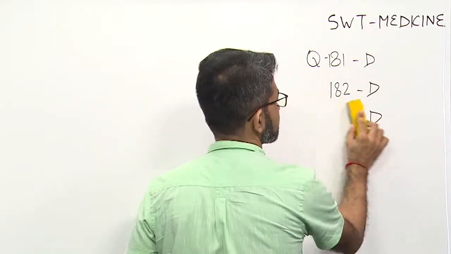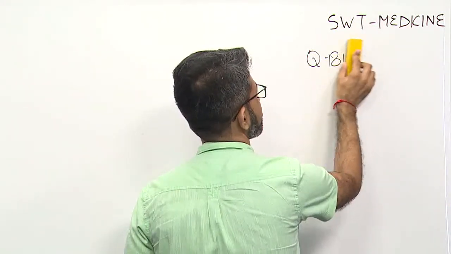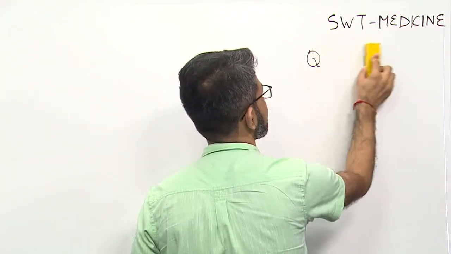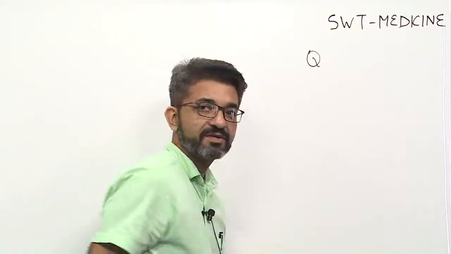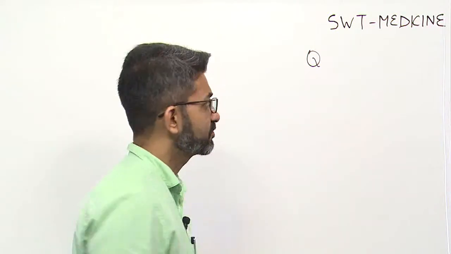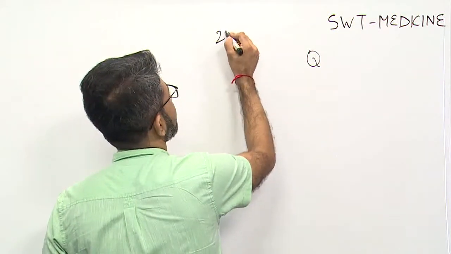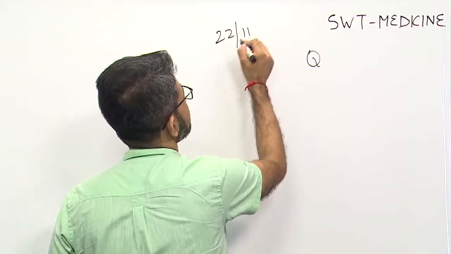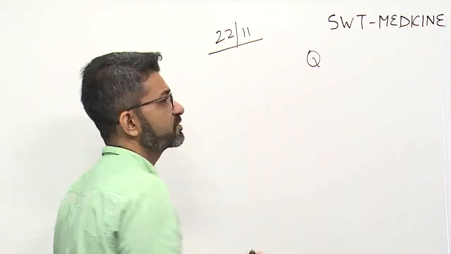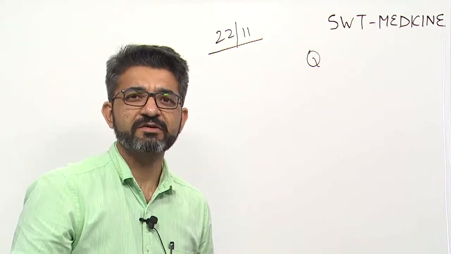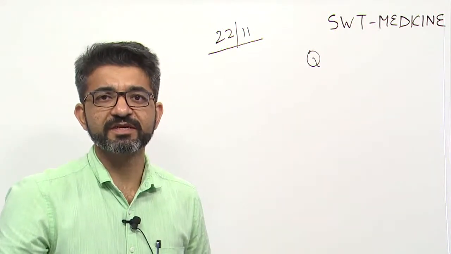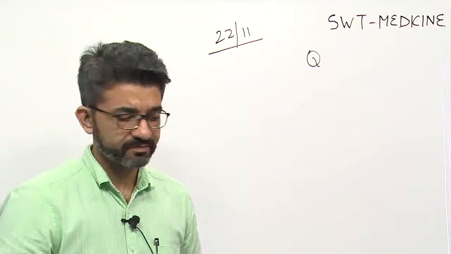So this is pseudo-resistant hypertension. We should remember that 22 millimeters of systolic and 11 millimeters of diastolic blood pressure, 22 by 11, if subtracted from the clinic reading, will give you a fairly accurate picture of the BP of that person.